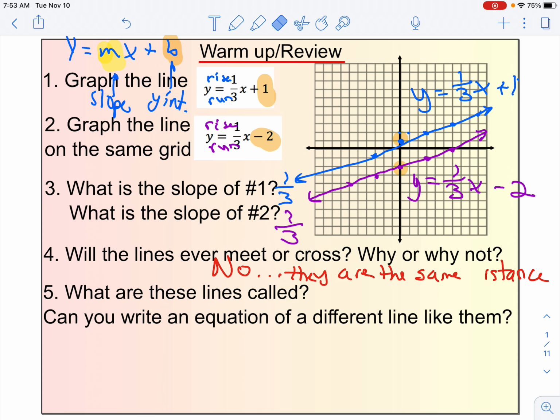What I mean by that is for each line, you are going up 1 over 3. You're never going to get any closer together because both lines are going up 1 over 3. And those lines are called parallel.